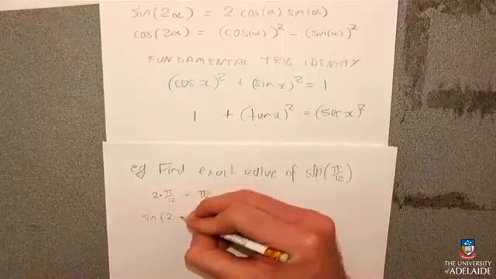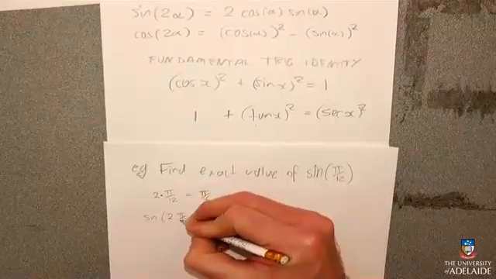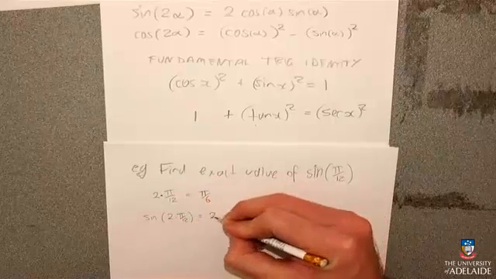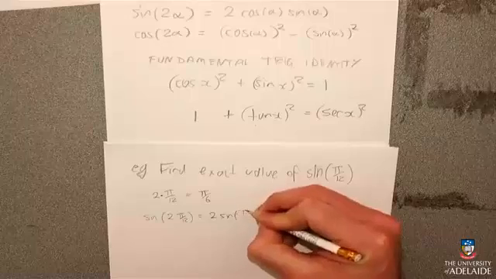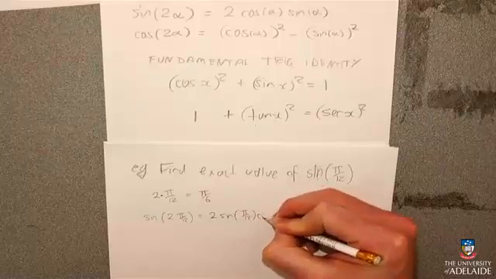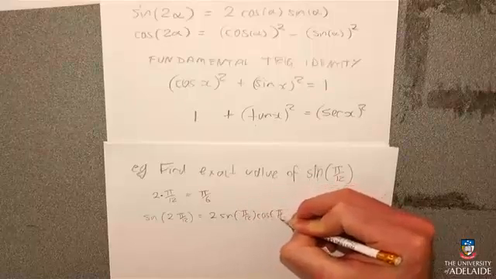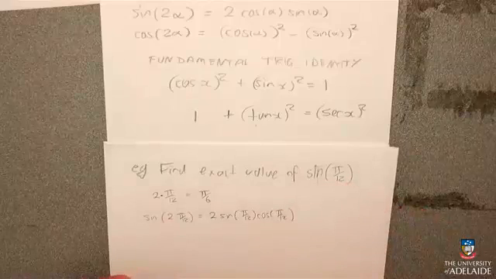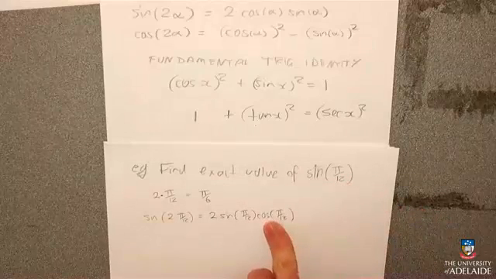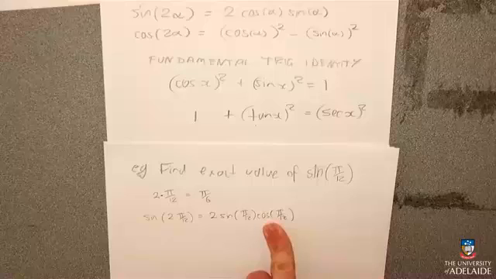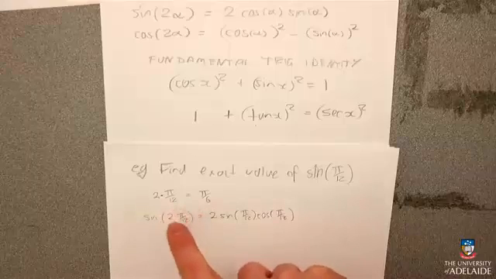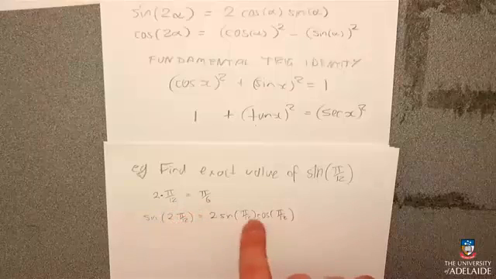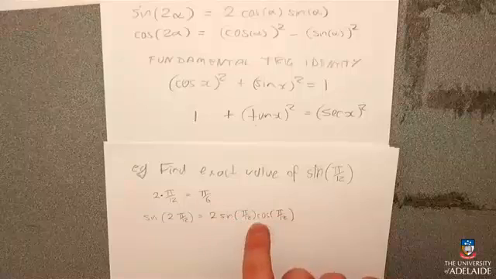Sine of 2 pi on 12, according to the double angle formula, will be 2 lots of sine pi on 12 cos pi on 12. And that doesn't seem helpful because I'm going to need to know what cos pi on 12 is. This is sine of pi on 6, and I know what that is. But this is mixed together a sine and a cos, and I only want one of those. So that doesn't seem very helpful.